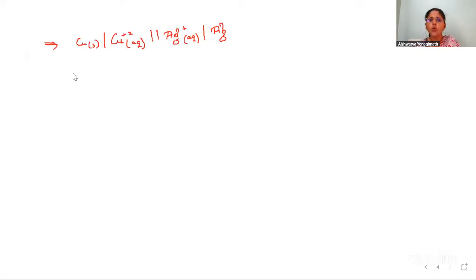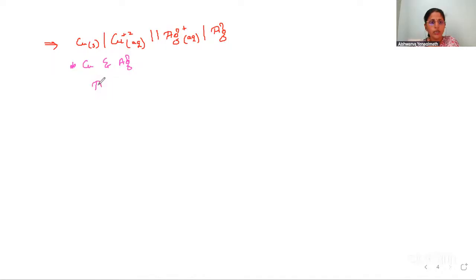So what do we understand? The first point is, it is an electrochemical cell which includes copper and silver. Then through this cell representation, what information are we getting? You can see Ag plus is becoming Ag.